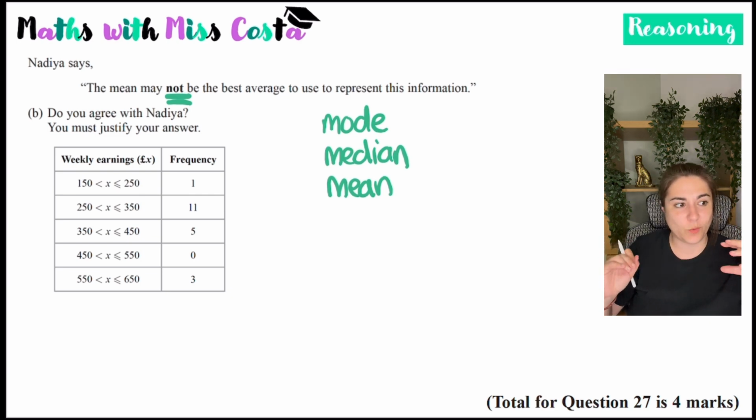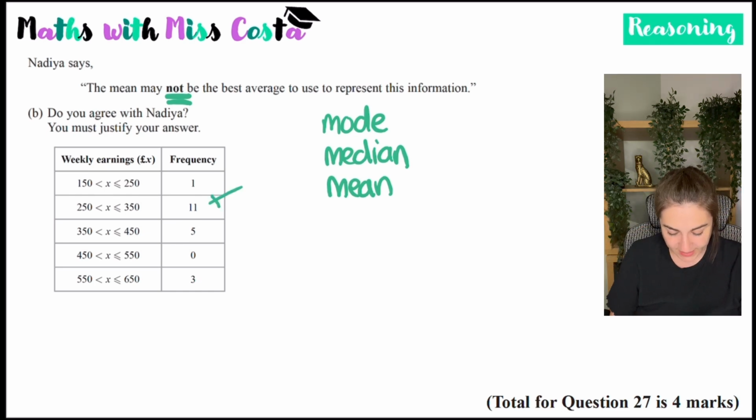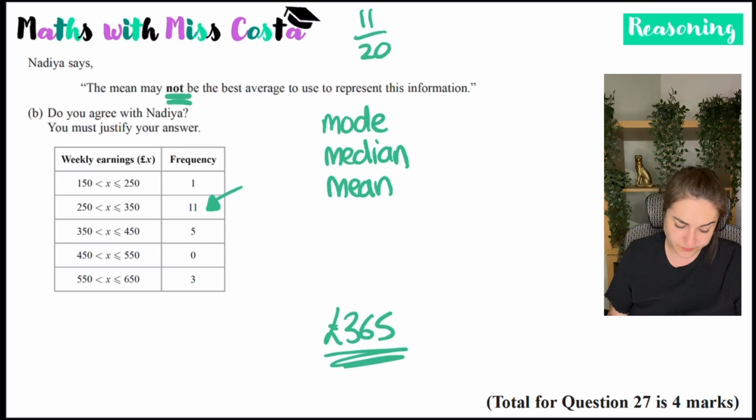So it gives me like an average. But if I have all of my data skewed to one end of the spectrum, then it skews the data quite a lot. So as you can see over here, 11 out of the 20 people, so that's over half, earn less than £350. And they said that the average is £365.